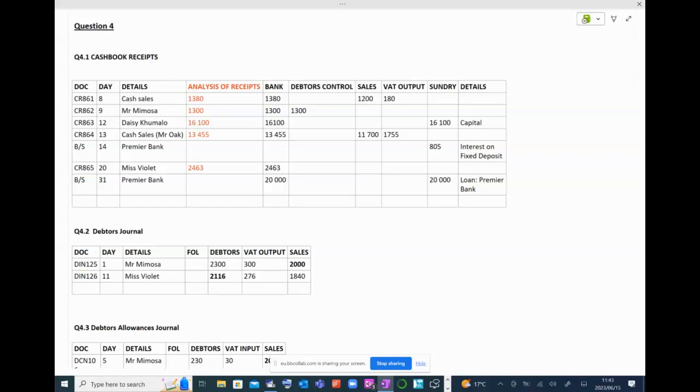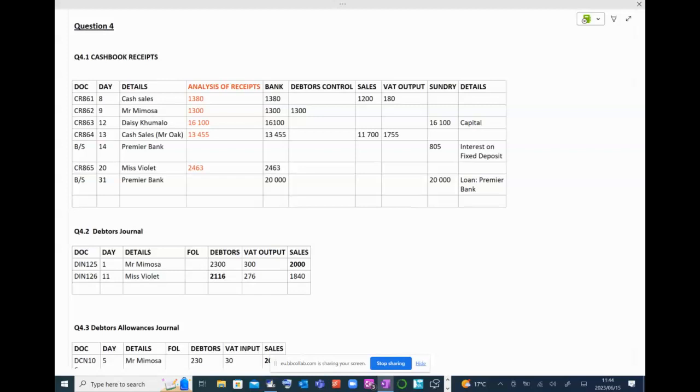Next one. Again, they give us BS. Loan received from bank. Where is this going? Are you sure? Why? I'm going to say we should go to the CRJ.